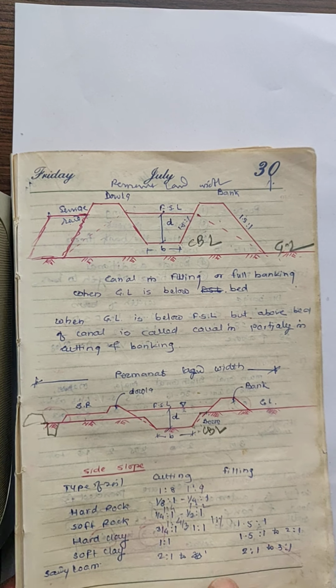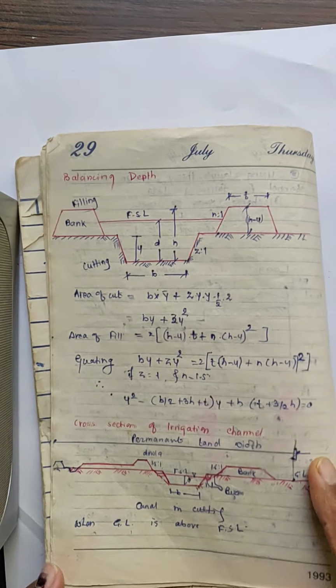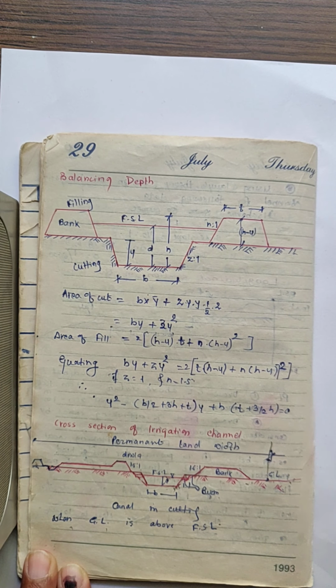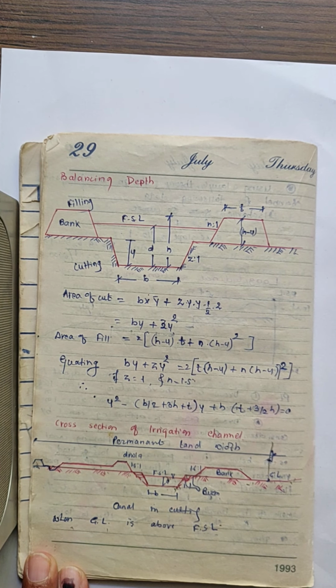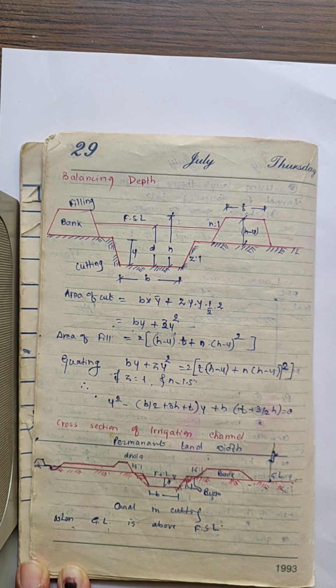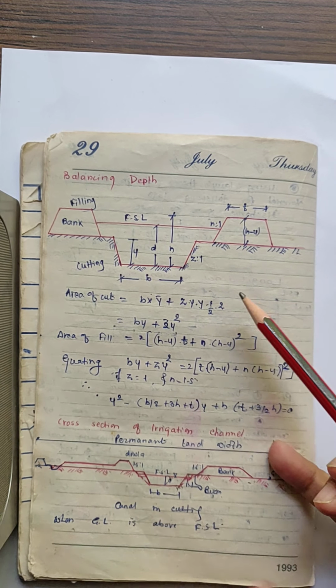Then the next topic is balancing depth. What is balancing depth? I just told you that as far as possible the canal should be in partial cutting and banking. In that case there will be less risk of failure, because when the canal is in full banking there is always a risk.